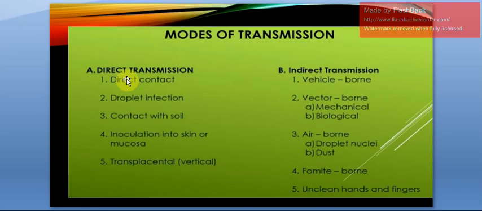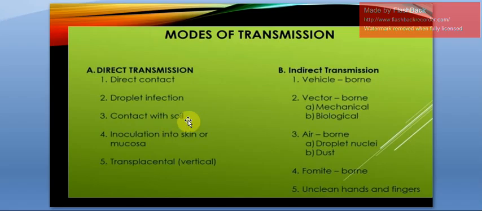Now under direct, we have got through direct contact, that is maybe through skin. Next we have got is droplet infection. Droplet infection could be residual of droplets, that is through respiratory route. Okay, so infected person is coughing or sneezing, what will happen? The droplets will be present in the air, so that a normal person is maybe inhaling, then they can get infection.